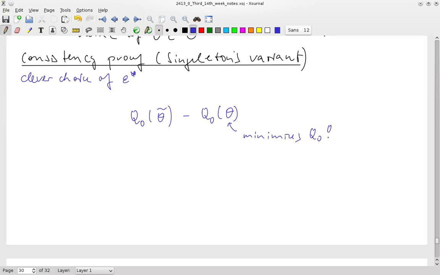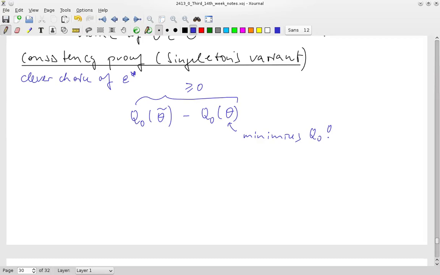So if I take another value instead of theta for theta tilde, obviously this difference should be bigger than or equal to 0. So I take some value theta tilde out of the parameter space big theta, and unless I actually choose theta, the true parameter value, for theta tilde, this difference is going to be bigger than 0.